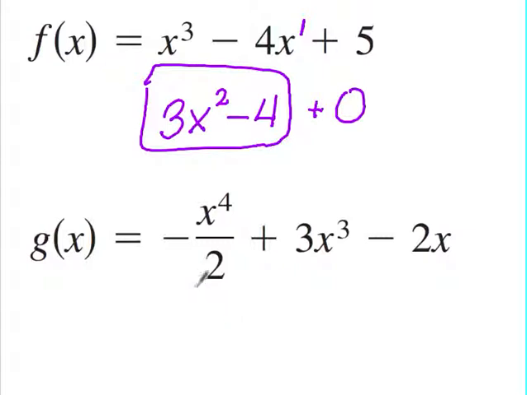Okay, so let's go through this next one. So now there are two ways to do this. One, let's just bring the 4 around front. So really now, I have negative 4x cubed over 2, right? Plus what?